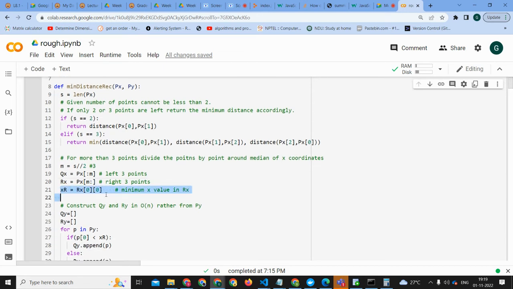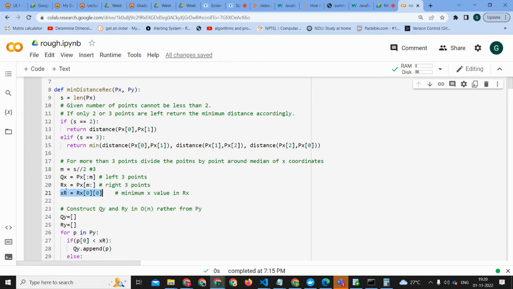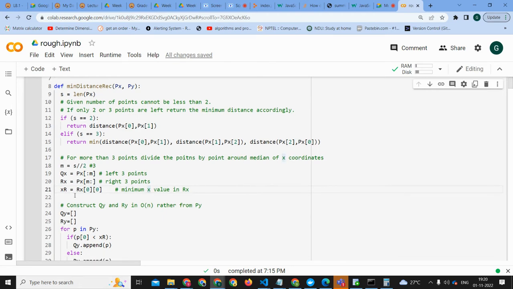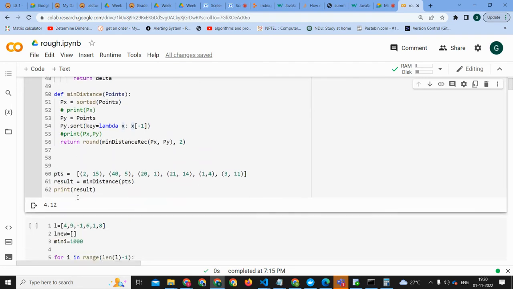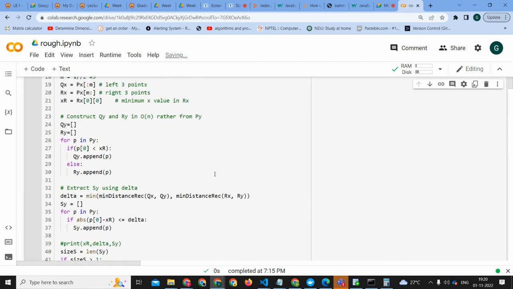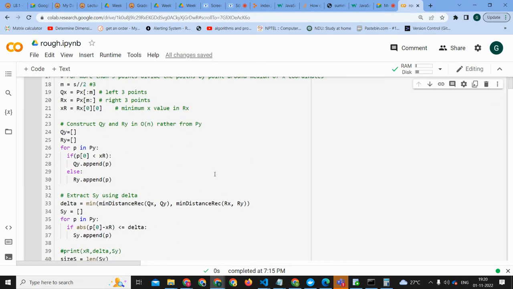So x equal to Rx of 0, 0, the minimum x value in Rx. This is going to give us the minimum value we have here. In this case, it is 1 comma 4. Rx is going to be the lowest value. Shall I print it and see?